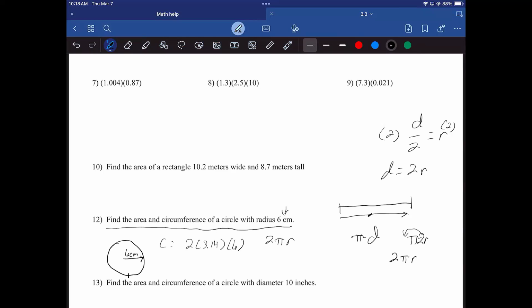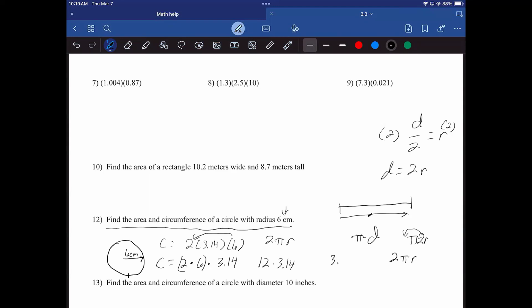Now, being me, I'm going to use the commutative property of multiplication and the associative property, and just move their order around. So C is equal to 2 times 6 times 3.14. And then I'm going to associate these two, grouping them. So I get 12 times 3.14. And now that's math I can do.